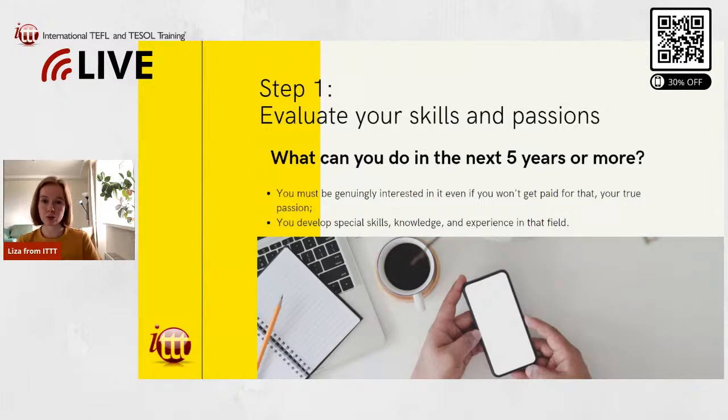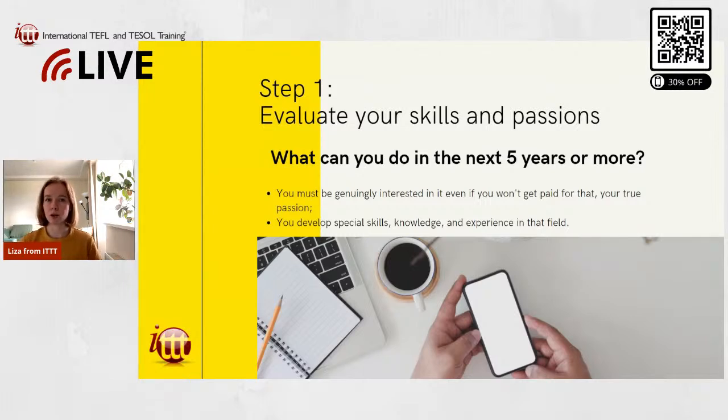So, for example, as for me, I am really in love with the international exam preparation because this type of course, when you prepare students for different exams, helps children, and not even children only, but also teenagers, young adults, adults, and so on. It helps to prepare for real life situations using this exam practice.